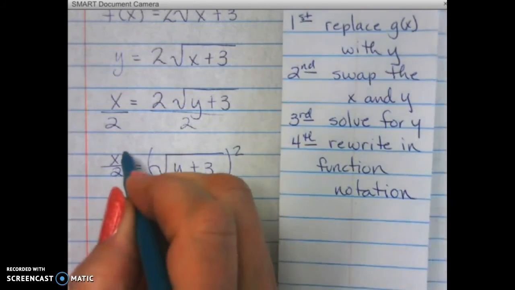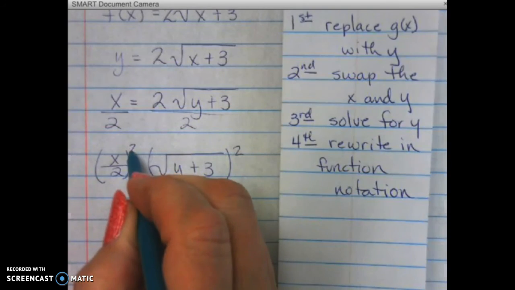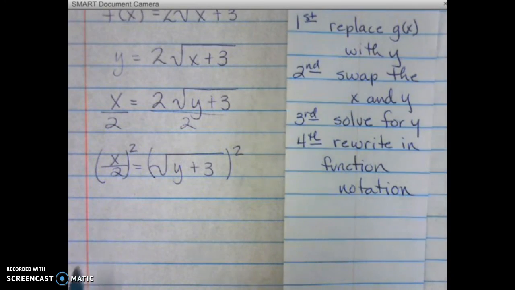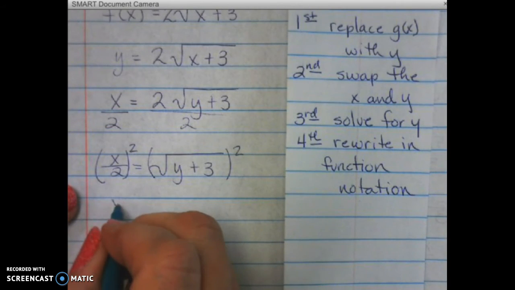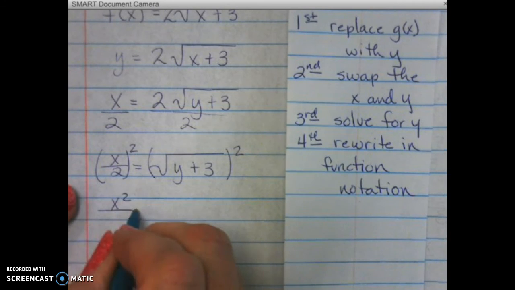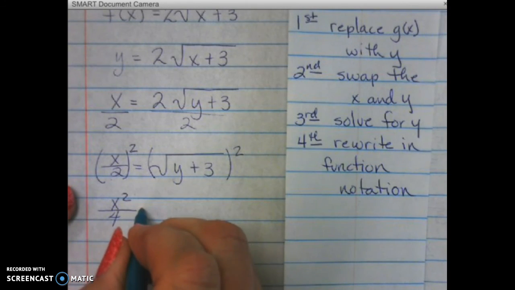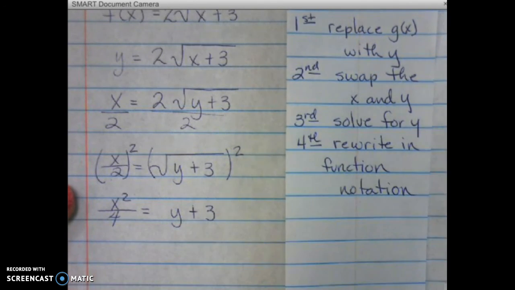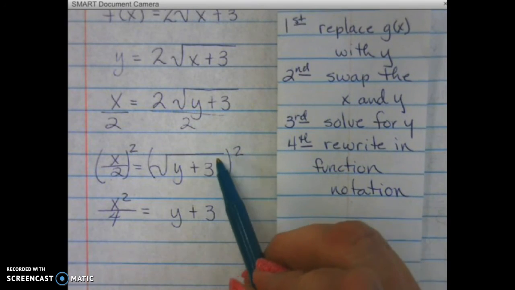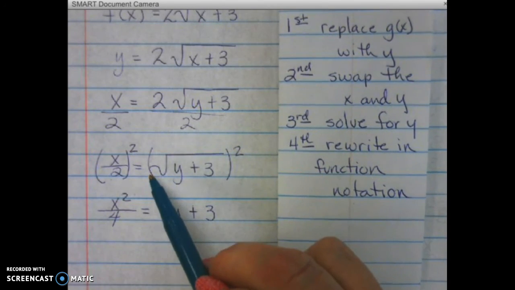So I'm going to raise it to the power of 2. When I square this, I'm going to get x times x, which is x squared, over 2 times 2, which is 4, and that's going to equal my y plus 3. This square takes care of the radical.